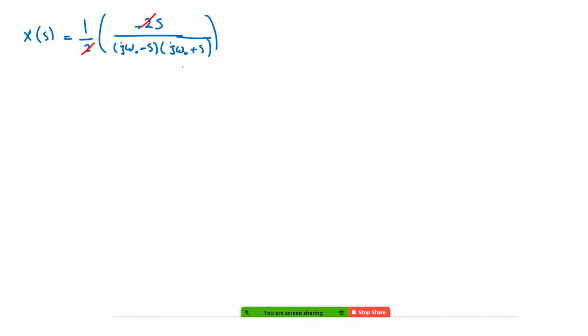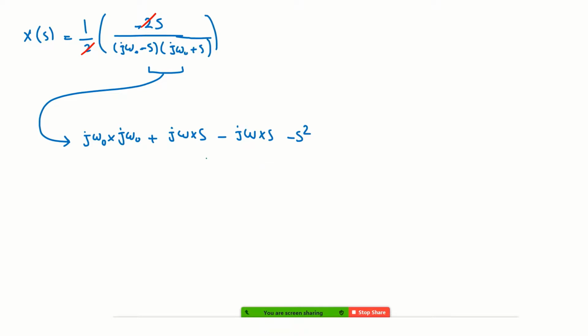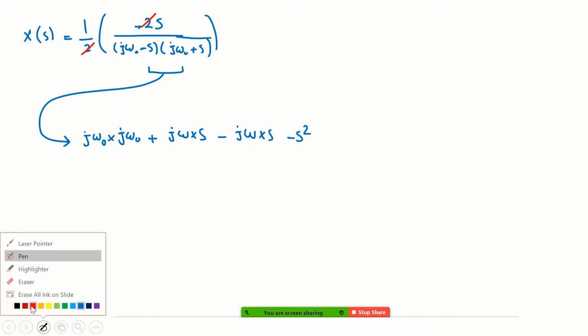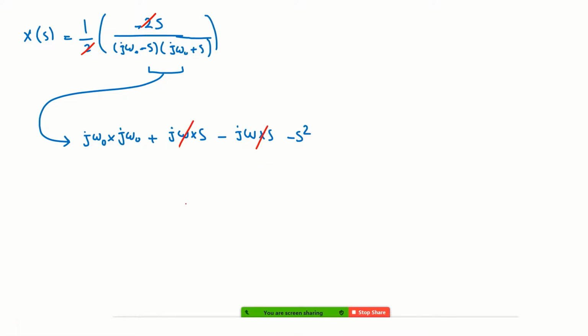And if I do the multiplication here, what would we have? We would have j omega 0 times j omega 0 plus j omega times s minus j omega times s minus s squared. Again, you see these two cancel each other, and this one is very important.